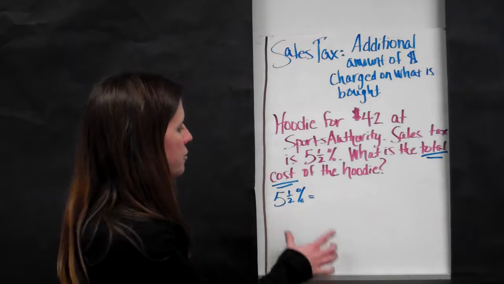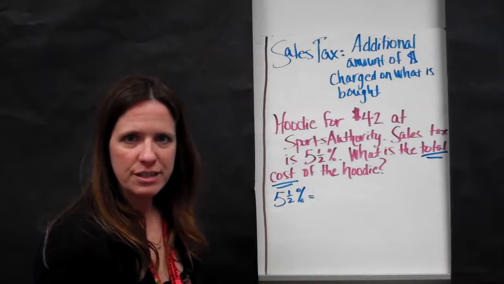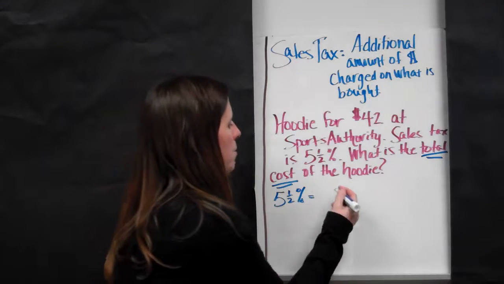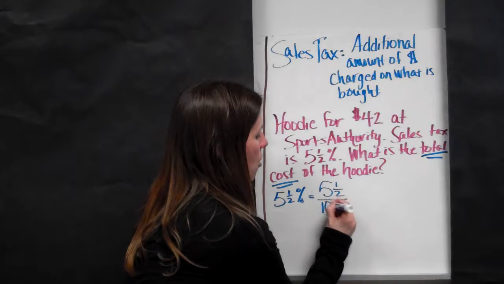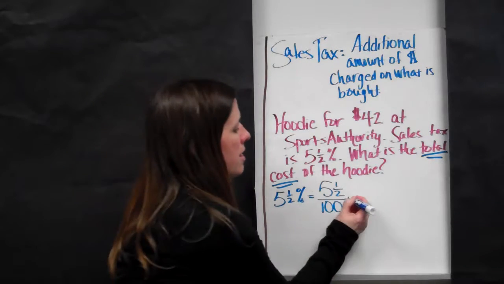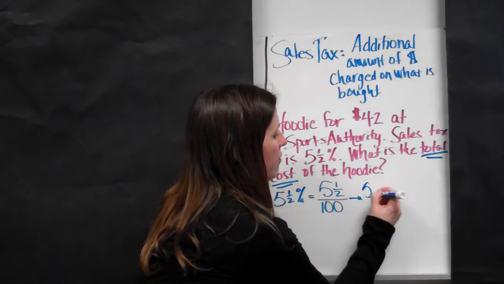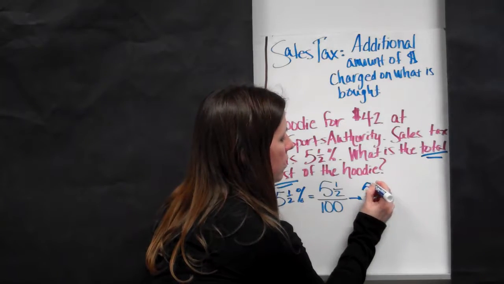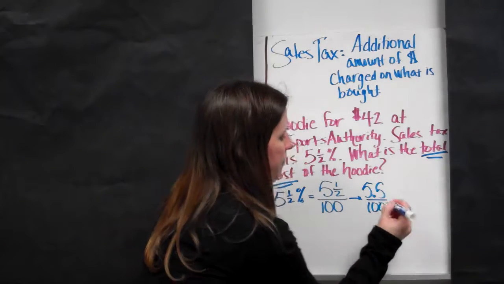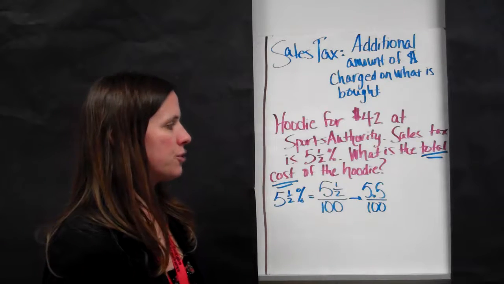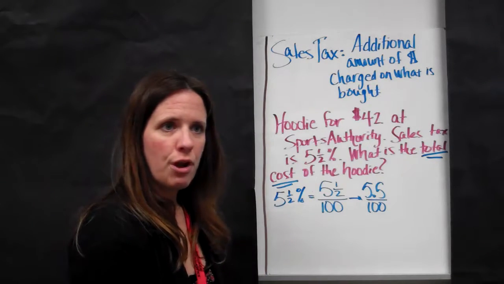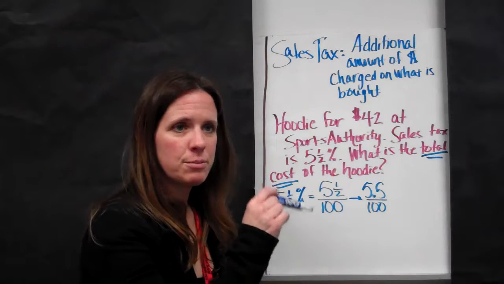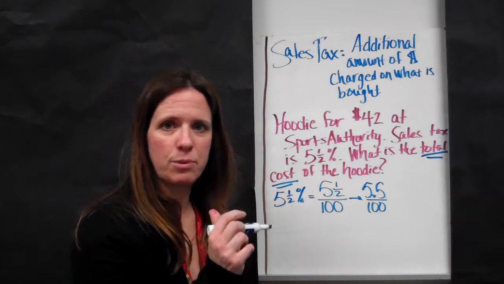Okay, so first of all, we have to figure out, well, how much is 5.5%? Remember, percent is out of 100, so 5.5 over 100. That can translate to 5 5/10 over 100. And remember, as Mr. Romanovich told you in the last video, when you were changing from decimals to percent, you were moving the decimal to the right.